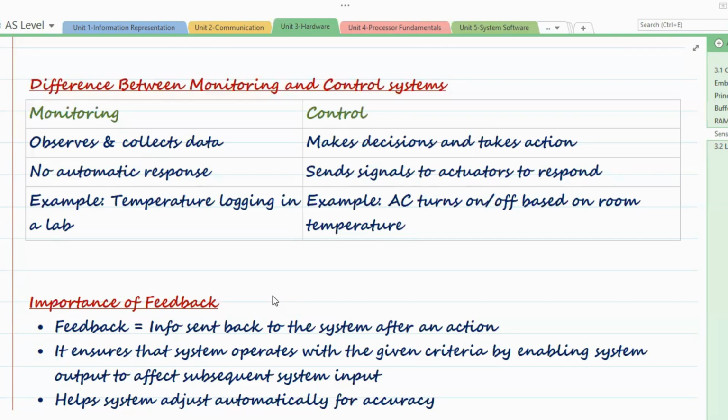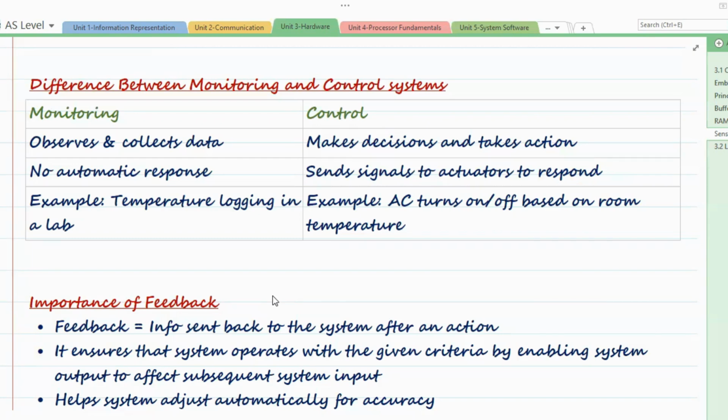For example, a thermometer in a laboratory tells you the temperature, but you decide what to do next. But in a control system, they collect data, they make decisions, and they take actions automatically without human intervention. For example, an air conditioner. If the room becomes too warm, it automatically turns on. No human intervention is needed, right?